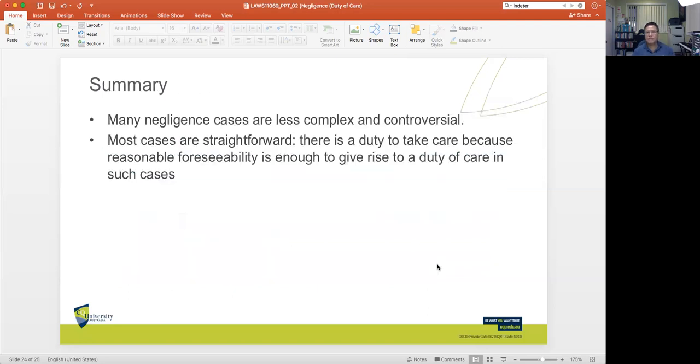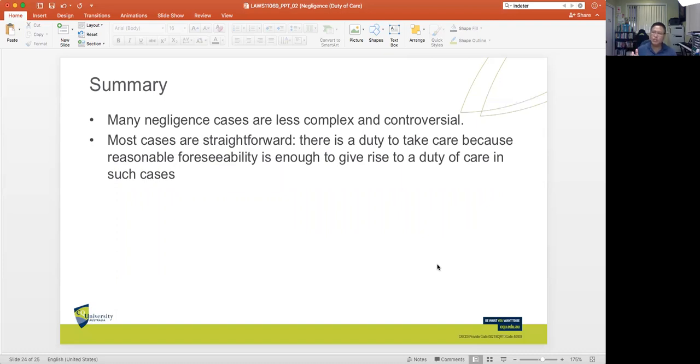Now, as we have seen, although we know that there are three elements in an action for tort, you need to establish that there was a duty of care owed by a defendant, and you need to establish that the defendant breached that duty of care, and as a result of the breach of duty of care that led to injury or harm to a plaintiff.